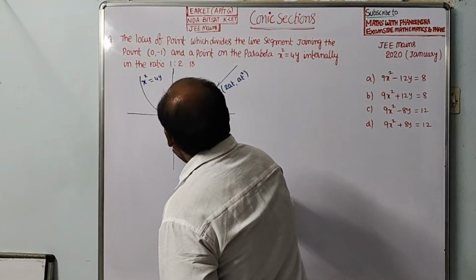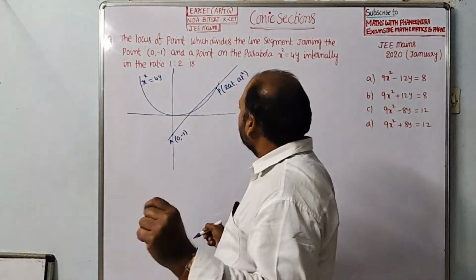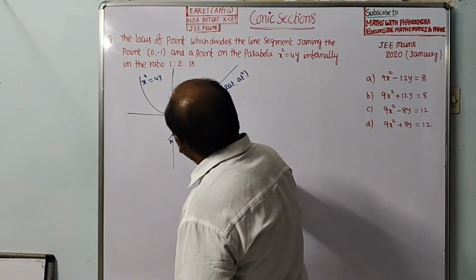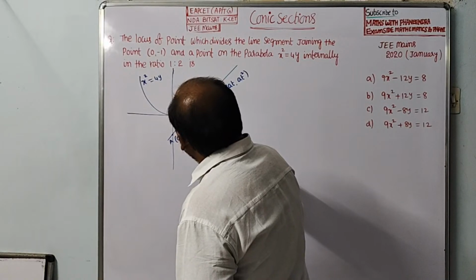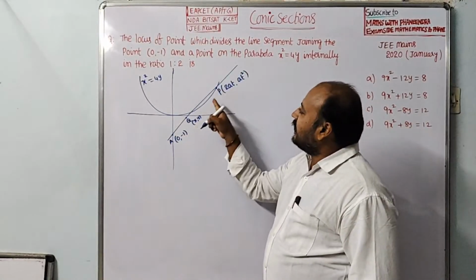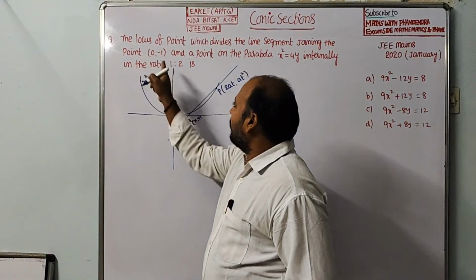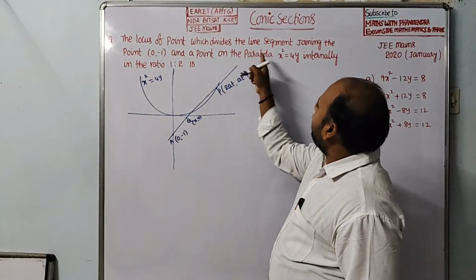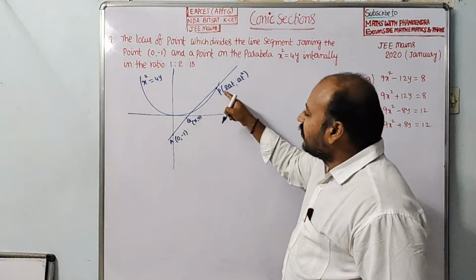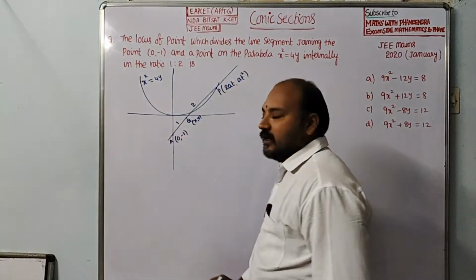This is A, and the locus point I am taking is Q of (x, y). It divides the line segment AP, joining the point (0, -1) and a point on the parabola, in the ratio 1:2 internally.